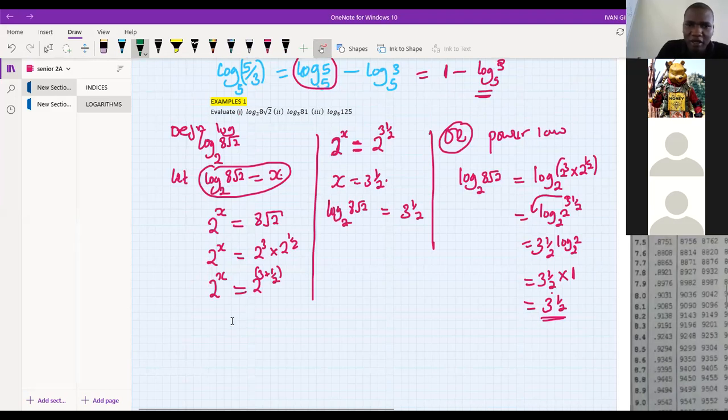So we're looking for the log of this pen here is jammed.